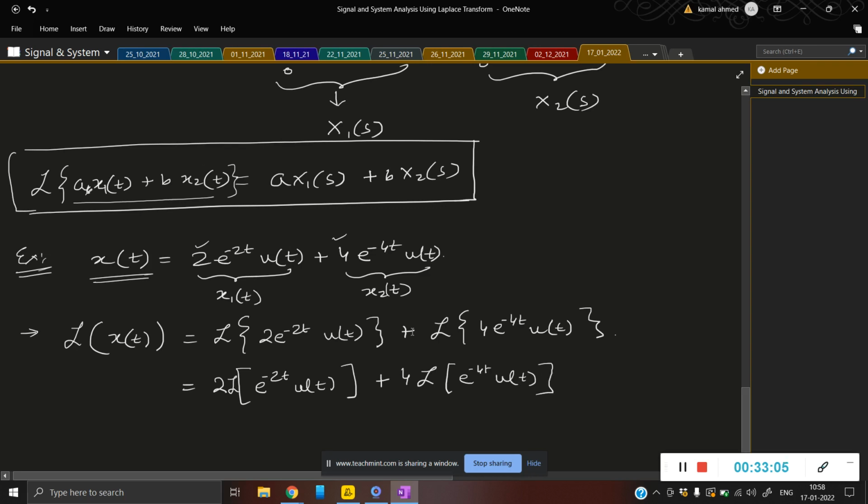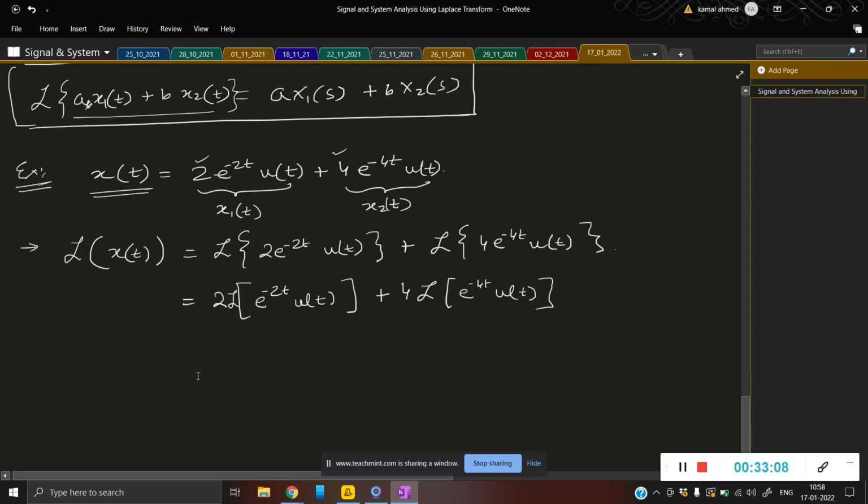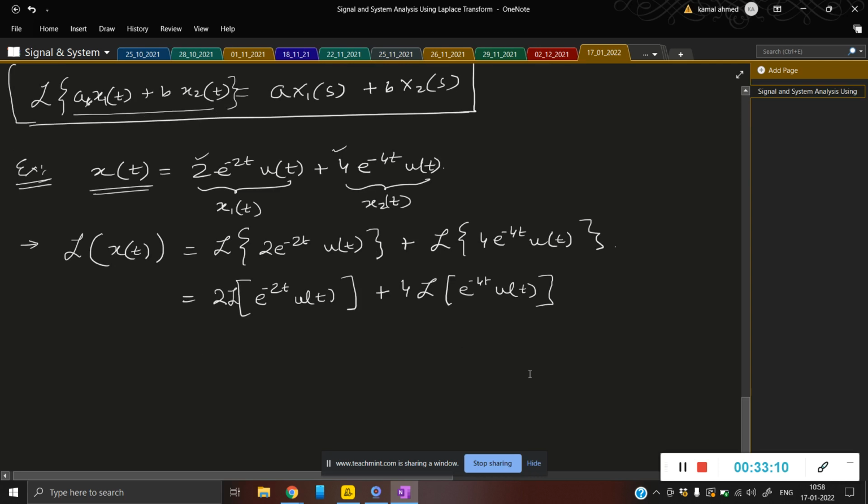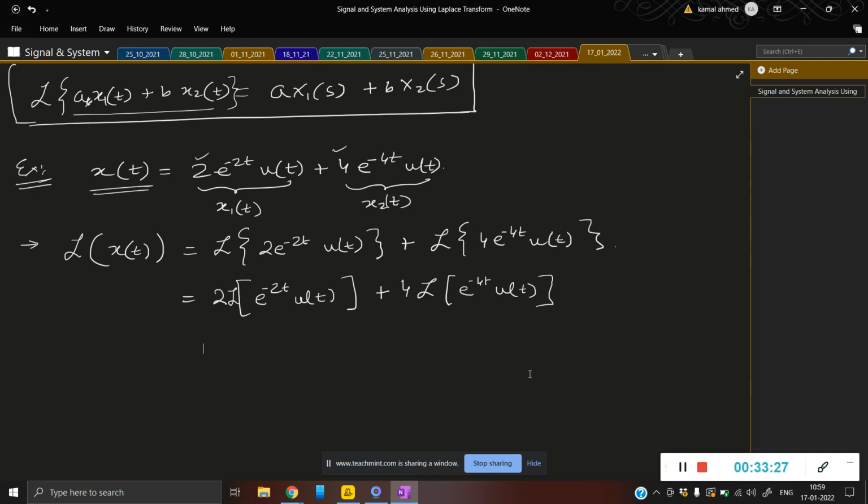So I have to now find the Laplace transform of e to the power minus 2t u(t). What will be the signal? You can simply integrate it from 0 with respect to t. Else there is a table, as I told you, to find the Laplace transform.